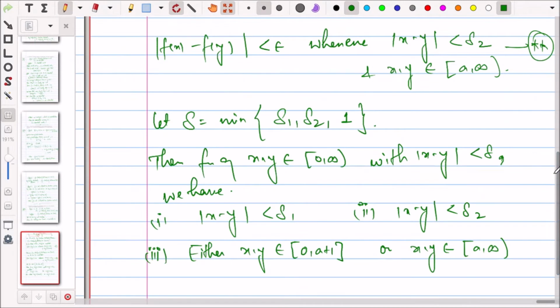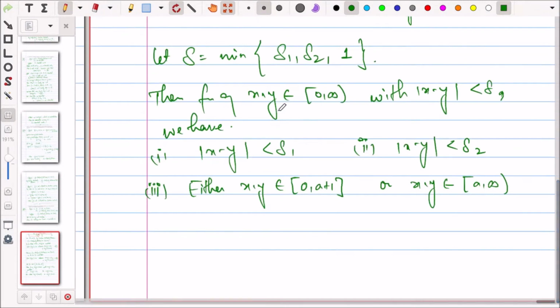Because our delta is smaller than 1, x, y can either be in the interval 0 to a plus 1 or both belong to the interval a to infinity. It is not that x belongs to this but not to that, and y belongs to that but not to this. That situation will not occur because we have chosen such a delta.